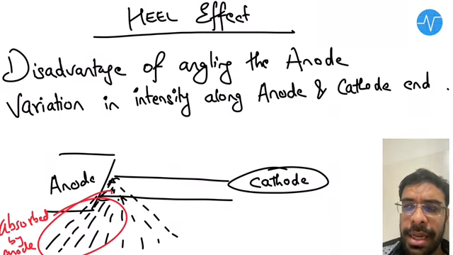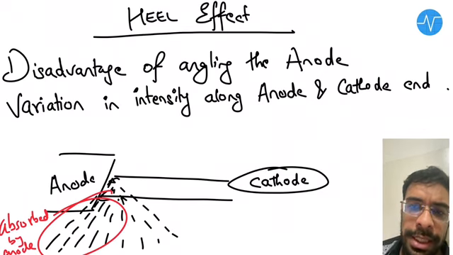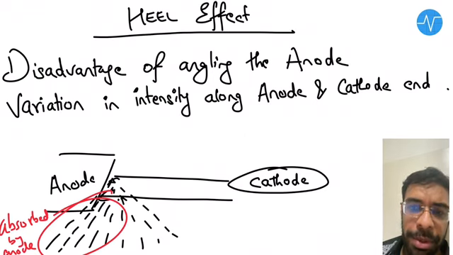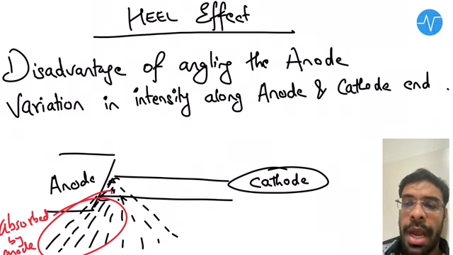Let us see in the diagram. Cathode is there, anode is there. From the cathode, electrons are projected, hit the focal spot on the anode, and X-rays are produced. X-rays are produced in a fan shape, and the portion along the anode side, marked by the circle, will be absorbed by the anode.